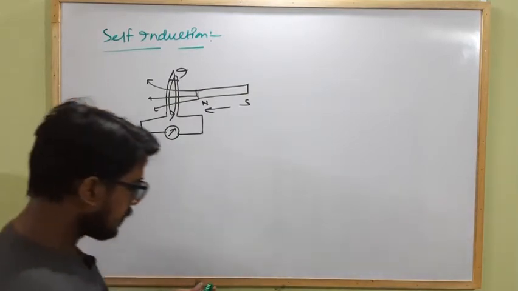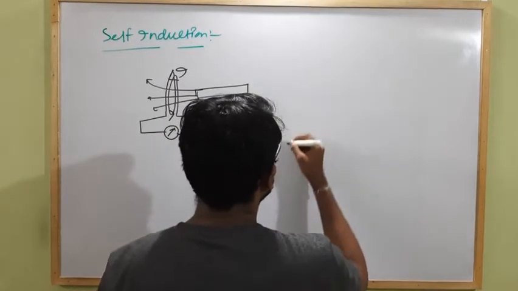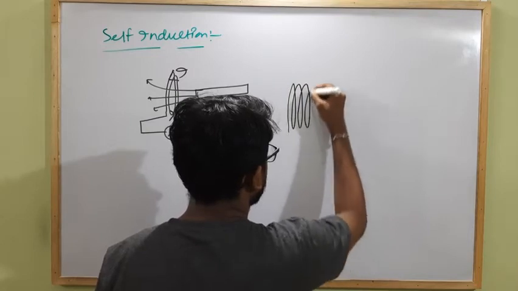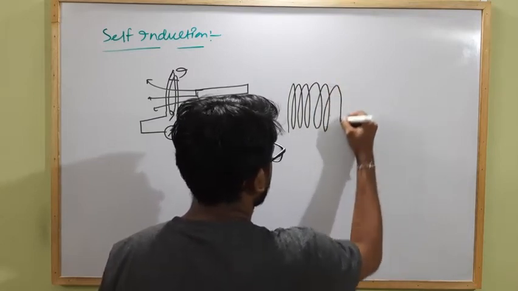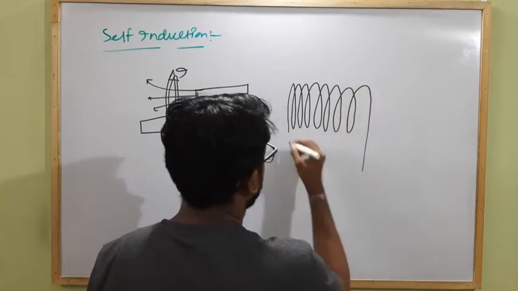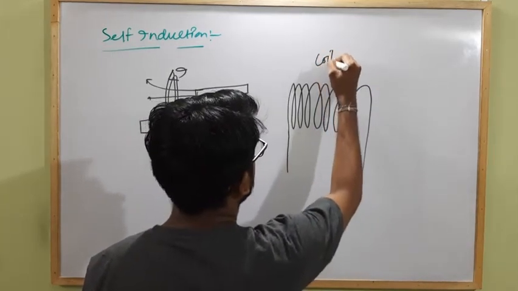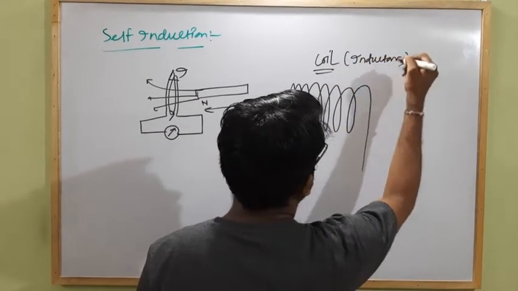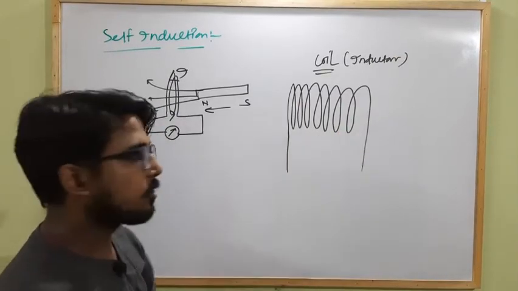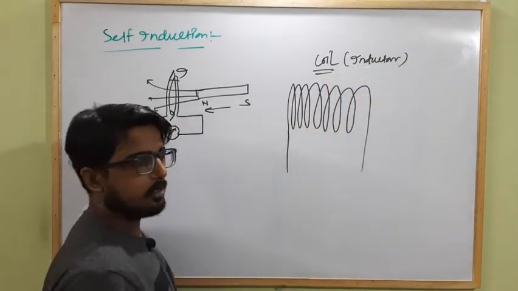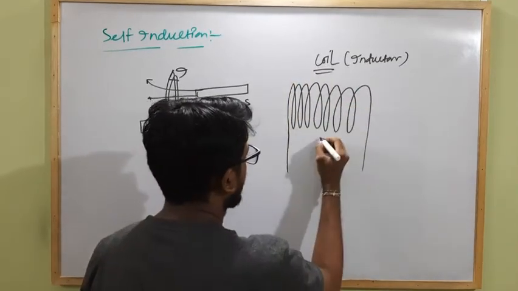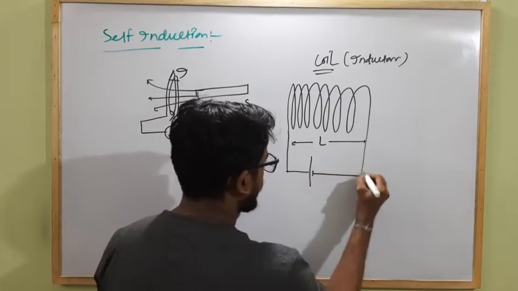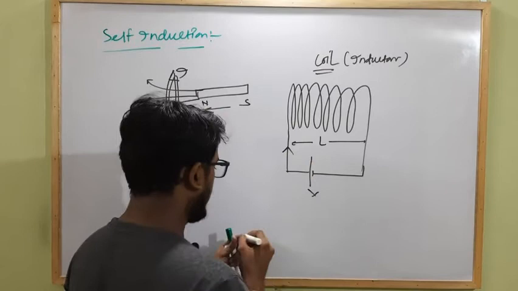Okay. So what will happen if there is a coil of a large number of turns like this? Okay, it's a coil. It is known as an inductor. Generally it looks like a solenoid. So a solenoid is basically known as an inductor. Okay, so here it is an inductor of length L having a large number of turns, connected with a source V, due to which a current I starts flowing through it.